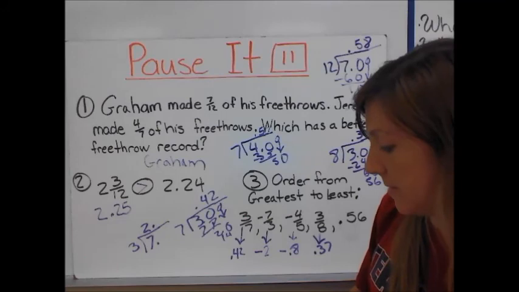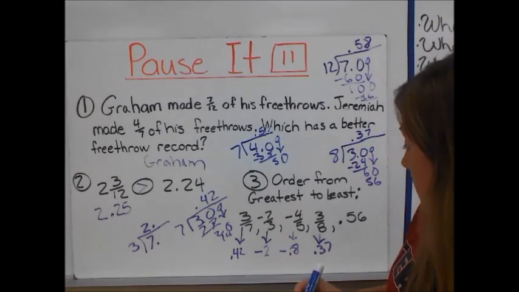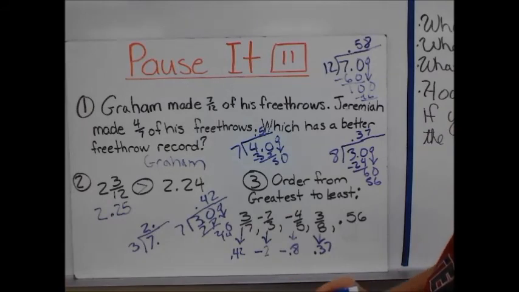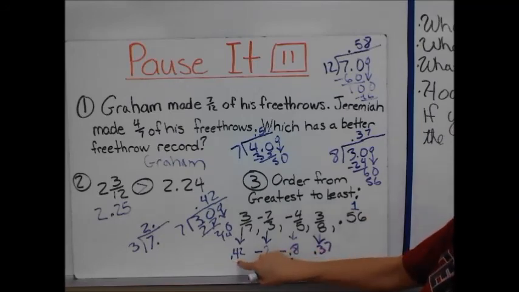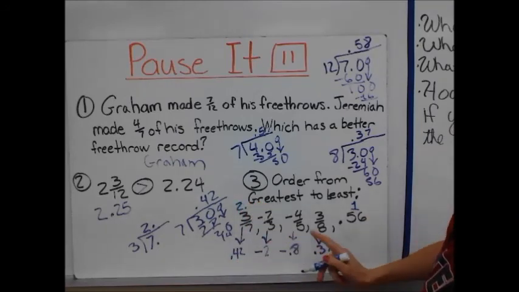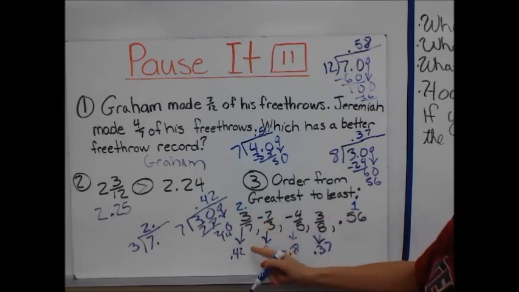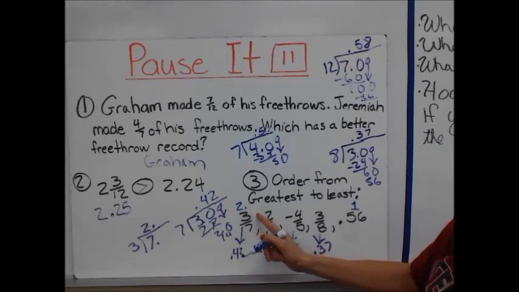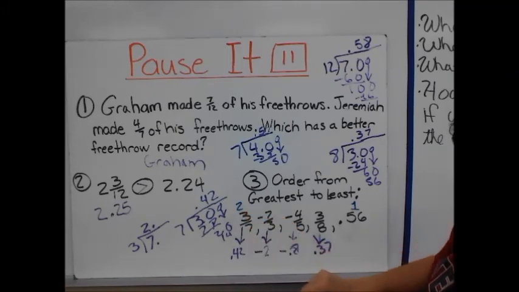From greatest to least, 56 cents is the greatest. 42 cents, or 3/7, is the second largest number. 3/8 is third. -8 tenths is closer to 0 than -2, because this is a decimal number.